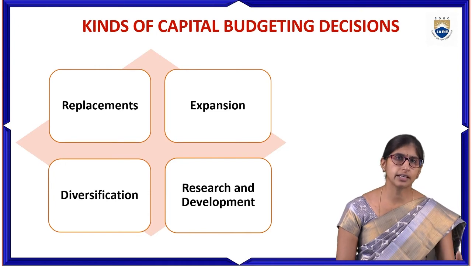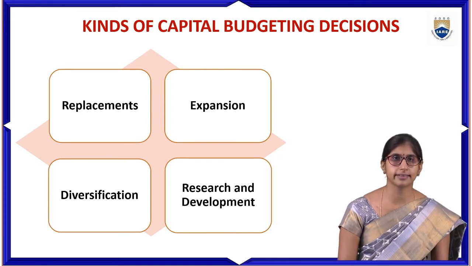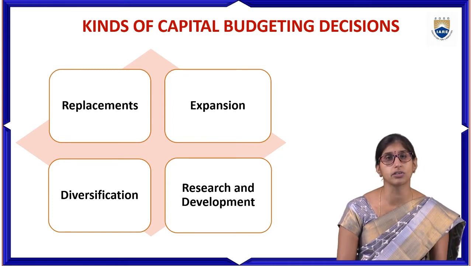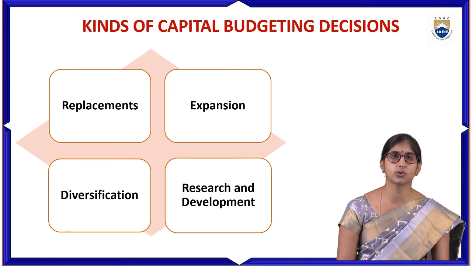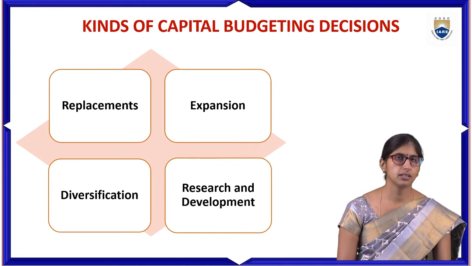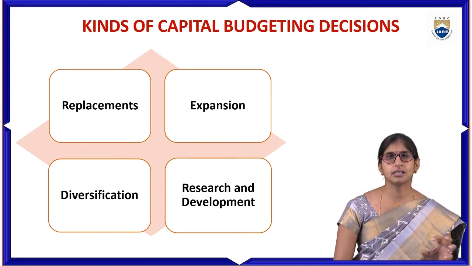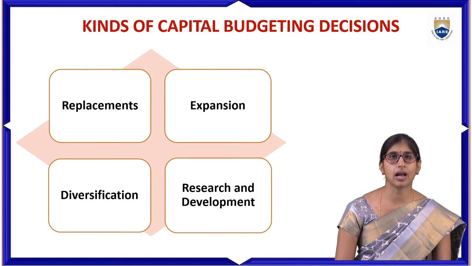That's the reason one must invest a lot of money in research and development also, so that the research work or background work they are doing helps the project which is going to be considered for the next level of capital budgeting decisions. So these are the different kinds of capital budgeting decisions we see.